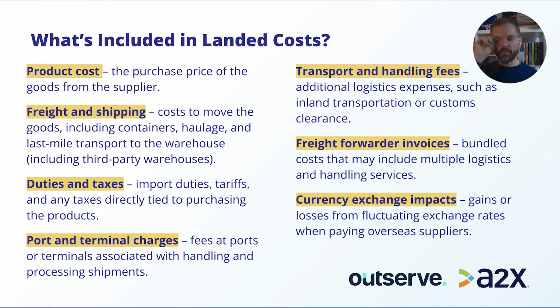There's always more nuances, but clearly the cost of the product, what you're actually buying the product for. Any freight, and when you think about that, it's the cost to get it to your door. So you may have that container, but of course, for so many people, that container doesn't always arrive at the front. Maybe there's some other haulage to get it right to your final warehouse, which could be a third party warehouse. Any duties or taxes that are directly attributable to purchasing those products, this is all going into landing.